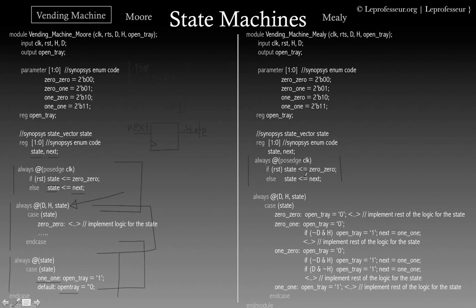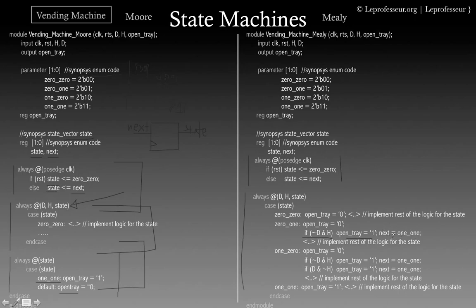And in the second always block, since in a Mealy machine your outputs are a function of inputs as well as the state, as soon as any input changes, you put a condition and you change the output, and change the state.